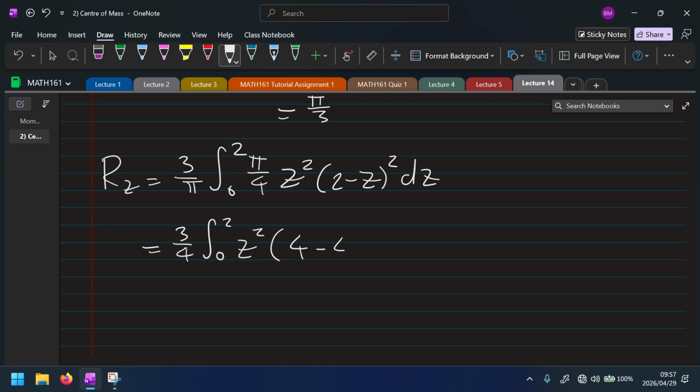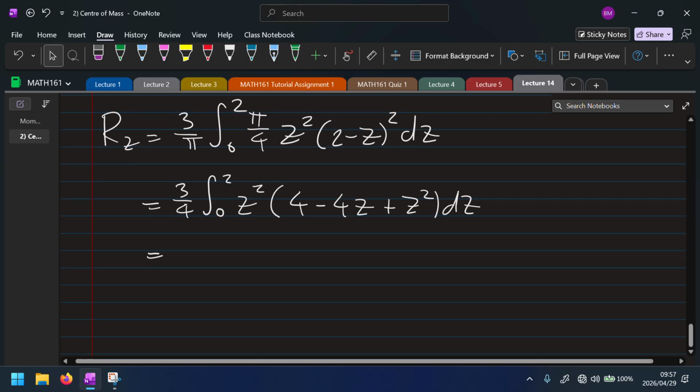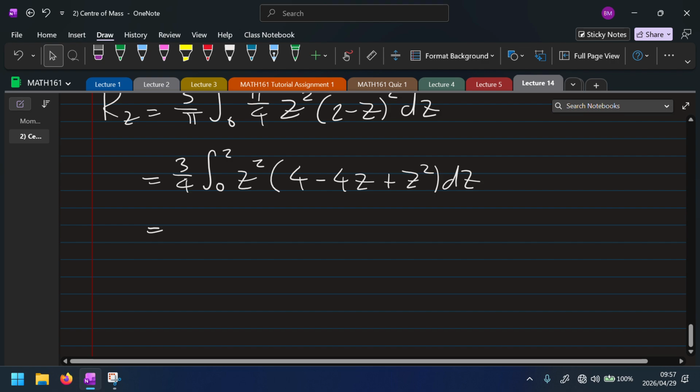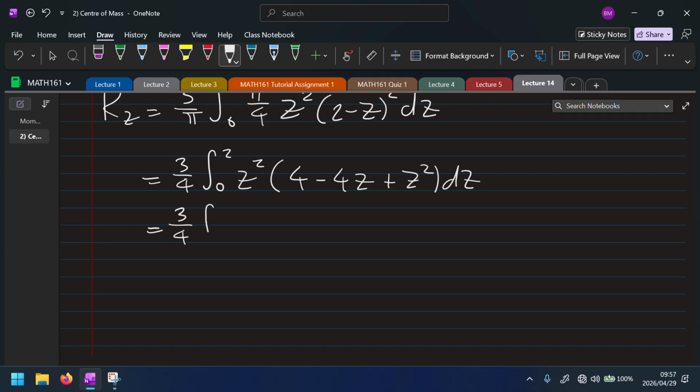Okay, so this will be 4 minus 4z plus z squared dz. I'm not going to do the full integration just because of time. You can do the rest from there. So we're going to have 3/4 integral from 0 to 2, 4z squared minus 4z cubed plus z to the 4.